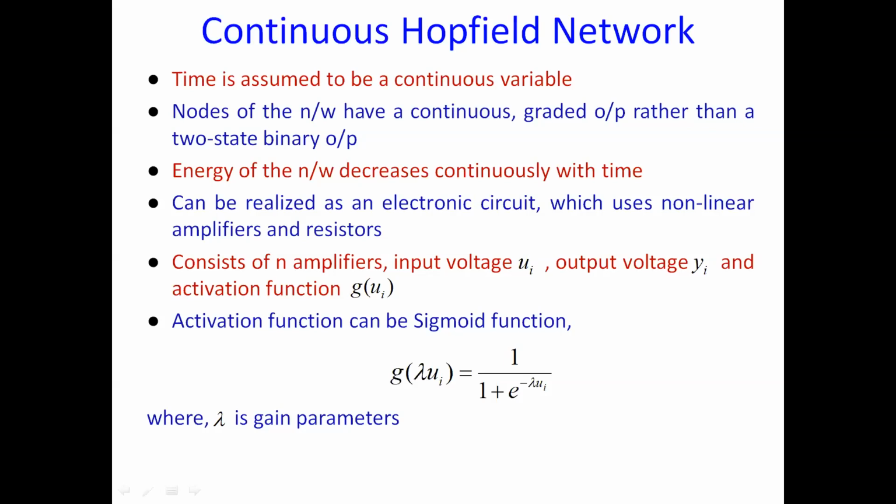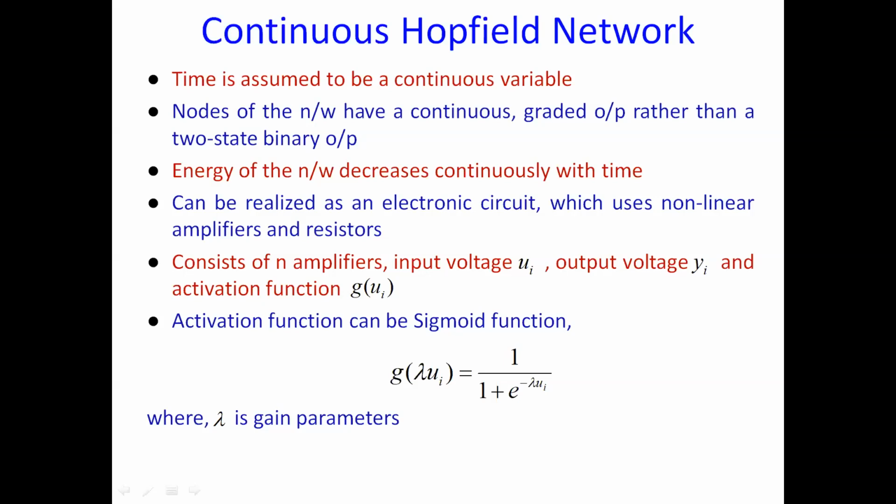Since this is a continuous Hopfield network, it can be realized as an electronic circuit where nonlinear amplifiers and resistors are present. If we have n amplifiers, we have some input voltage Ui and some output voltage Yi for this circuit.